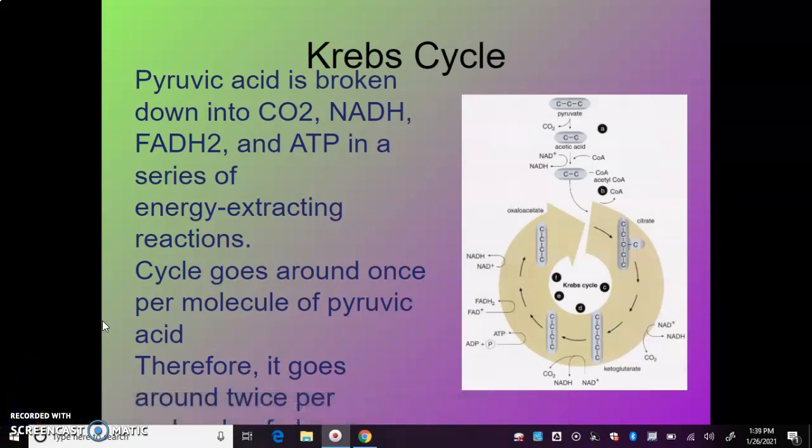Then what's going to happen is you're going to see a bunch of what's called decarboxylations. That means we're losing carbons as carbon dioxide. So that 6-carbon citrate or citric acid is then going to become a 5-carbon, and it's losing a carbon as carbon dioxide. Then that 5-carbon becomes a 4-carbon, and it's losing another carbon as carbon dioxide. Then that 4-carbon is going to have to rearrange itself.